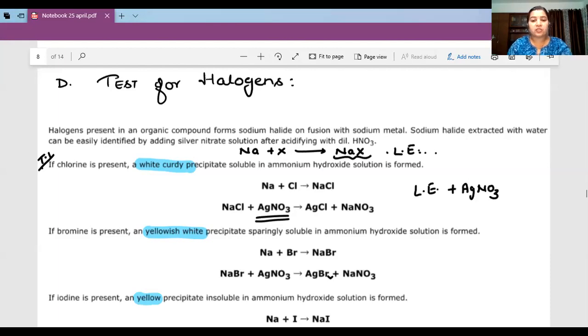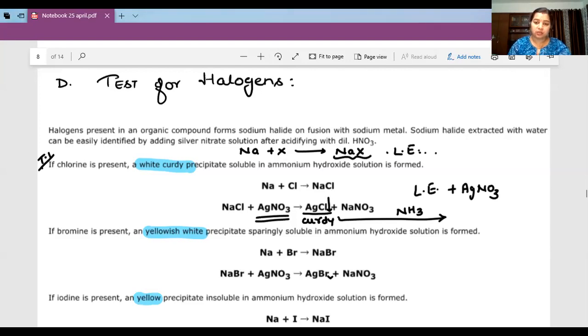When we add AgNO3 to the Lassaigne's extract, if it had NaCl, then what we will observe is AgCl. AgCl will appear as a white curdy precipitate. This white curdy precipitate of AgCl will become soluble once you add ammonia.